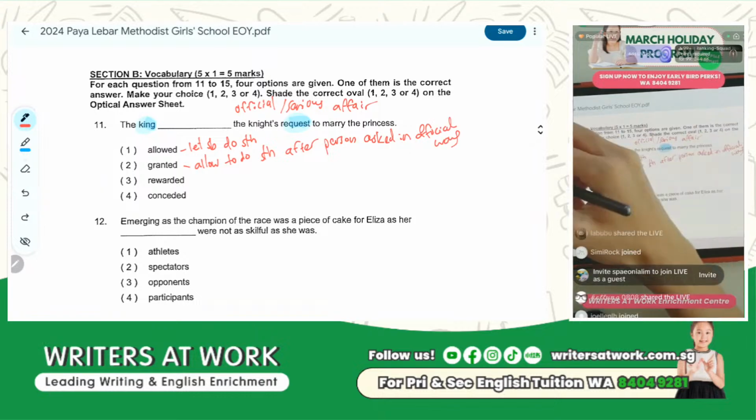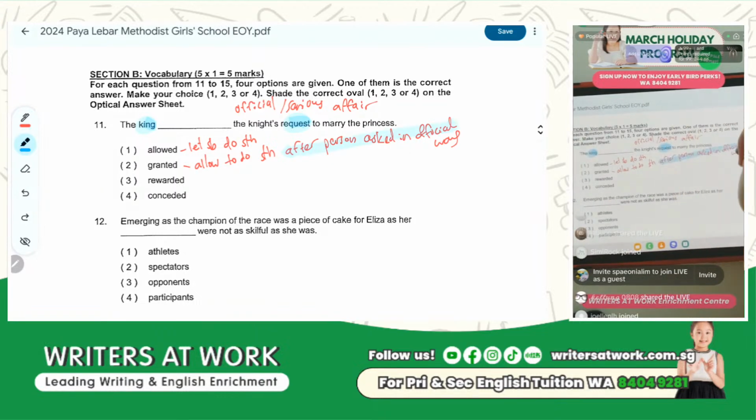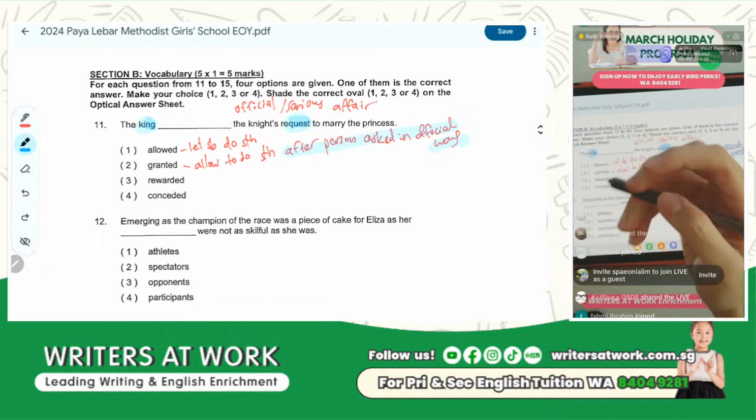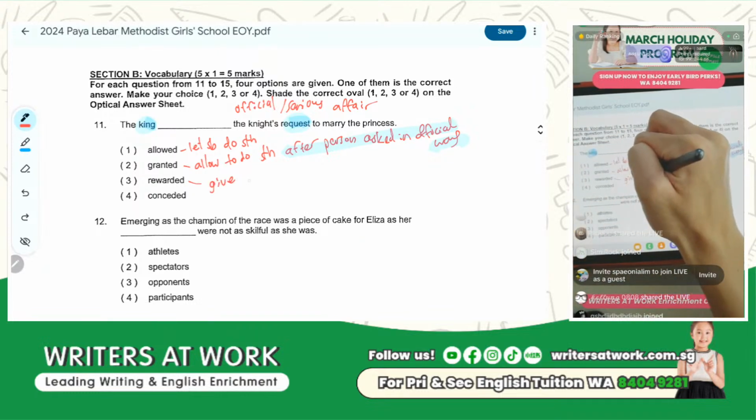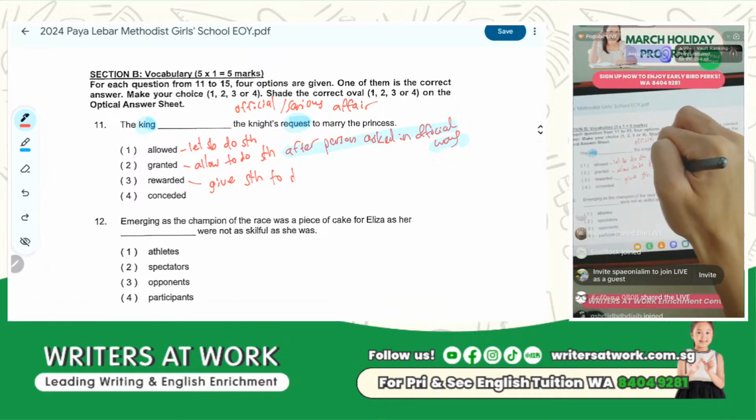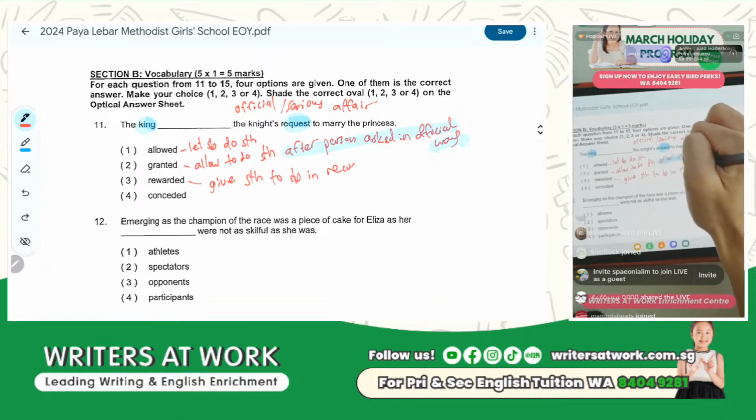So please take note of this requirement in order to use the word grant or granted. When you reward somebody, you just give something to someone in recognition of hard work or effort.